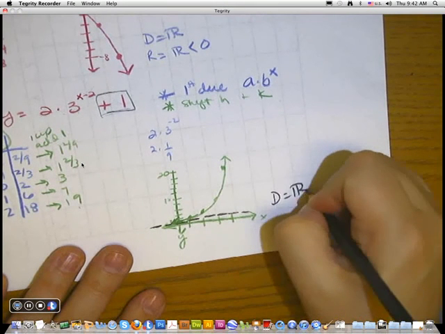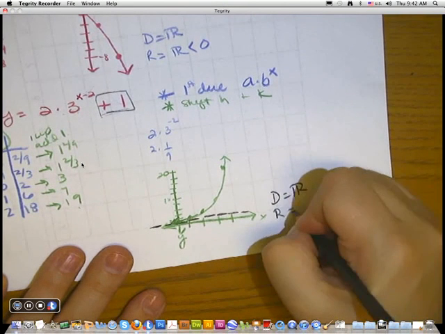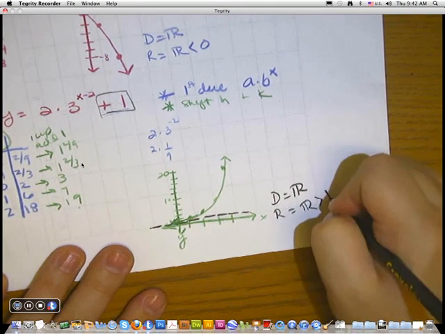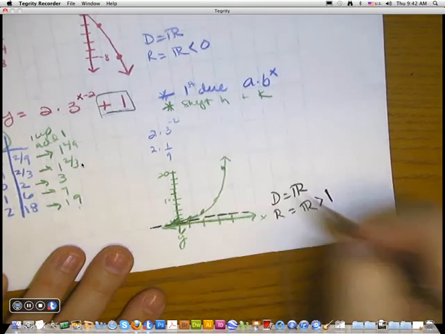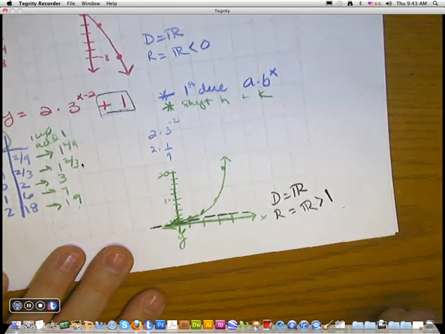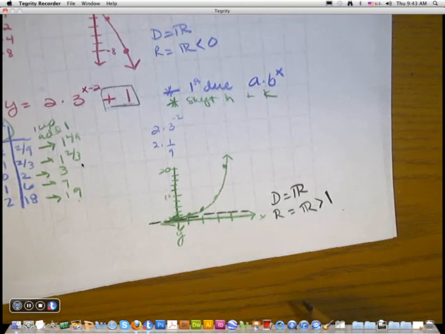My domain is all reals, and my range is all y values greater than 1, the asymptote. Okay, so that is day 1 of 8.1.